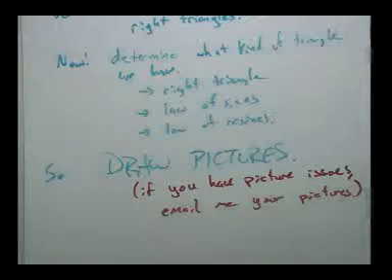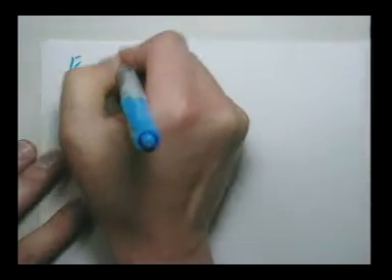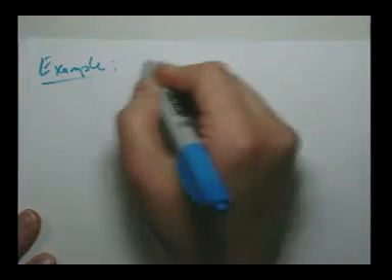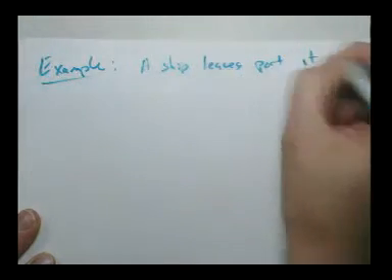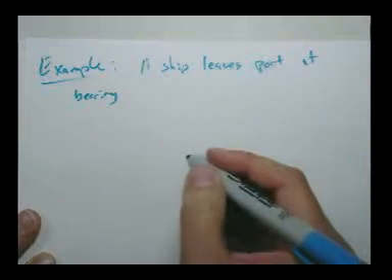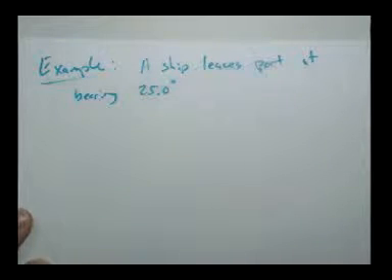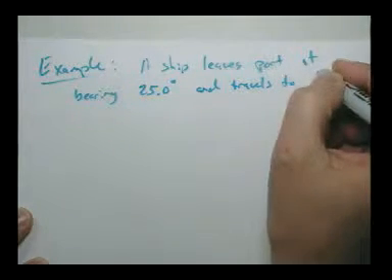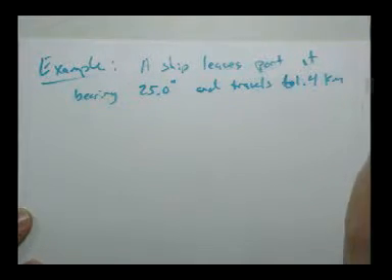There we go. Okay, so let's take an example. We have a ship that leaves port at bearing 25.0 degrees, so I think we'll be rounding to 1 decimal here, and travels 61.4 kilometers.